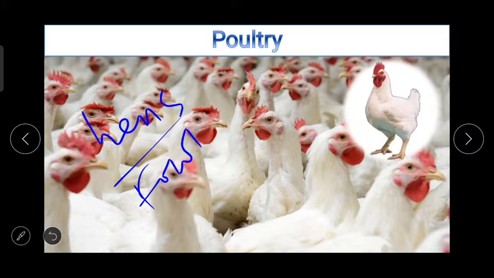It has been going on for many years. Today it is carried out as a household occupation and also on a commercial basis. Running a poultry on a commercial basis requires a lot of care.